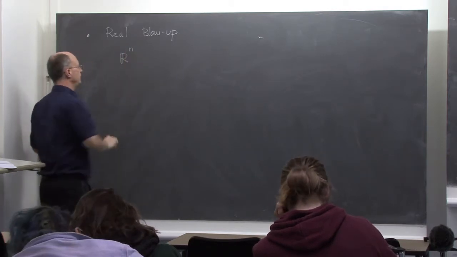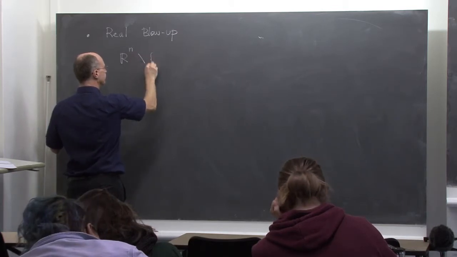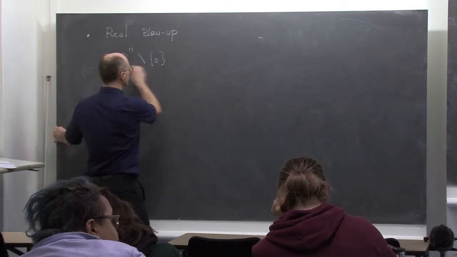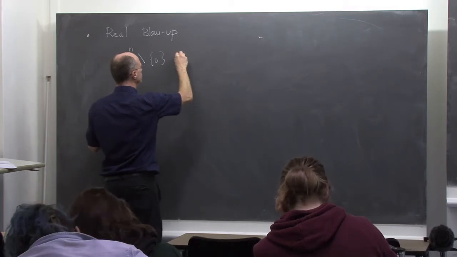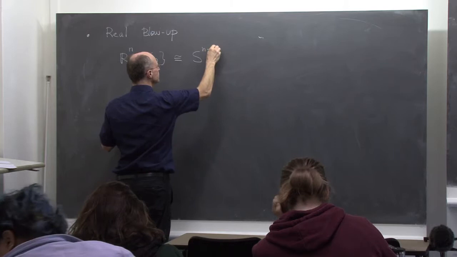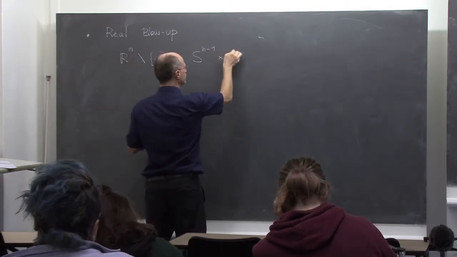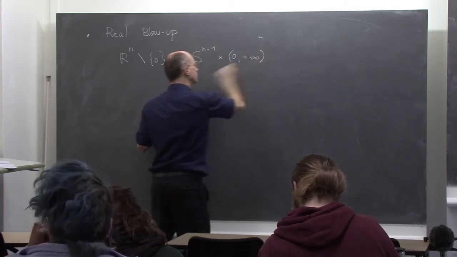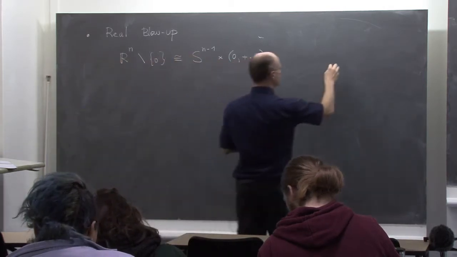Consider a real vector space, Rn, and let's take away the origin. So then we know that we can introduce polar coordinates and say that that's the same as the sphere S^(n-1) times the open ray (0, +infinity), right?